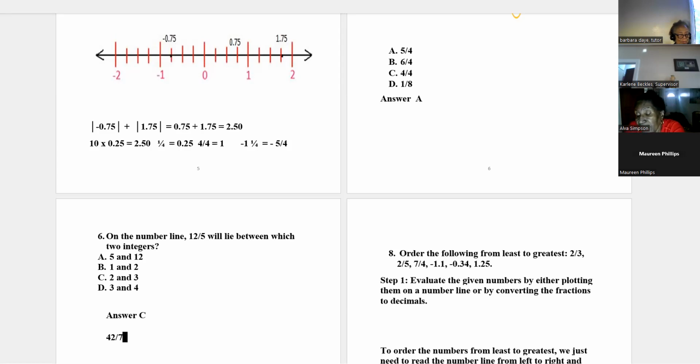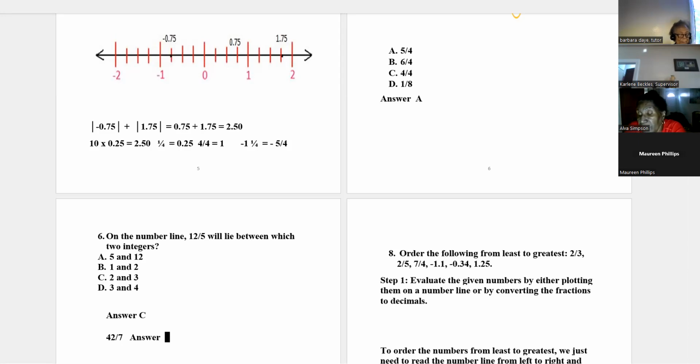What answer would it be from here? It will lie between what two numbers? Alva, what would be the answer? I say on the number line, 42 over 7 will lie between which two integers? And is it A, B, C, or D, Alva?